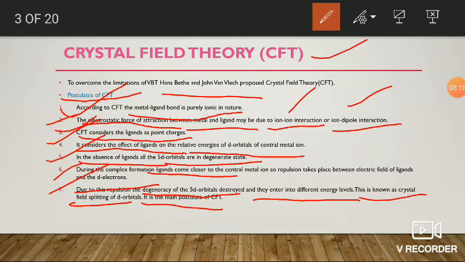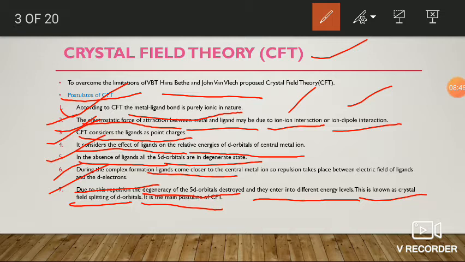Here, ligands generally have a lone pair of electrons on the donor atom, so they produce an electric field when they approach the central metal ion. There are also electrons in the d orbitals of the central metal ion, so both have the same negative charge.